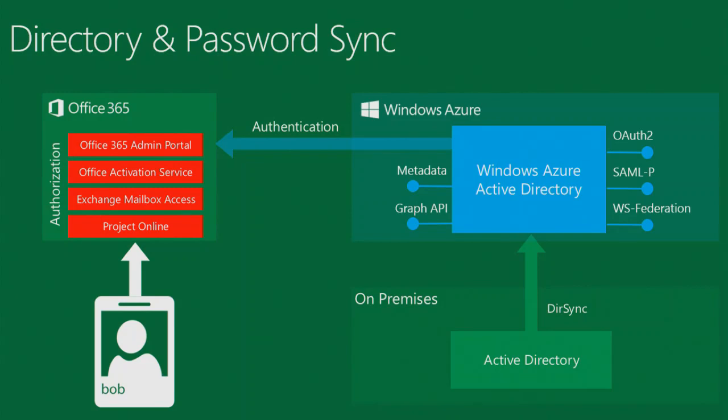This is a very single sign-on type of experience where the user knows their password from their network, they know how they logged into Windows, and now that password is part of Office 365. They simply log in with their username, password, done.